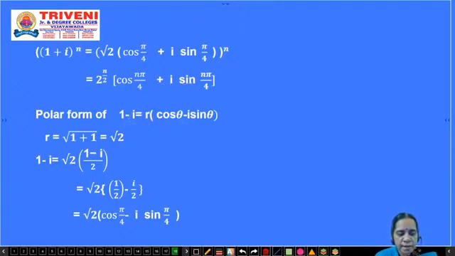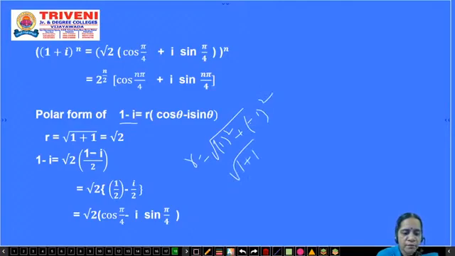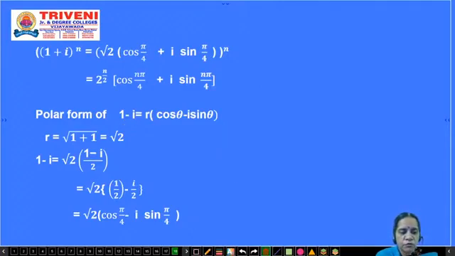Similarly, the value of r is the square root of 1 squared plus 1, which is equal to root 2. Then multiply and divide 1 - i by root 2: root 2 into (1 - i) by root 2, that is 1 by root 2 minus i by root 2.